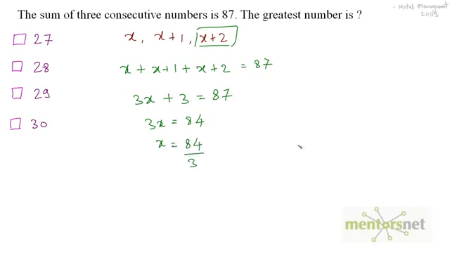Therefore the value of x is 28, since 3 times 28 is 84. Now the value of the greatest number will be x plus 2, which is 28 plus 2, and that is equal to 30. So the greatest number is 30.